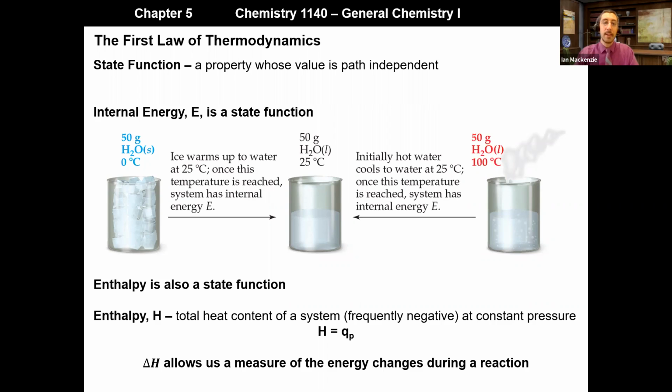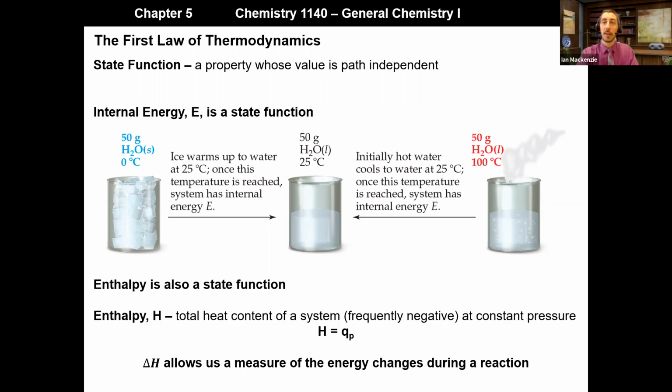Now, the change in enthalpy allows us a measure of energy changes during a reaction. Many reactions do not result in significant amounts of work being done, and so the change in heat then gives us a measure of the change in internal energy.